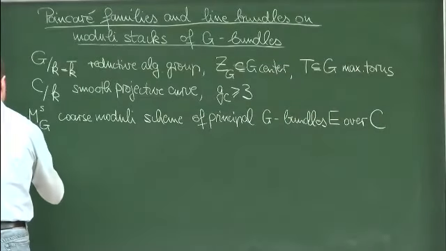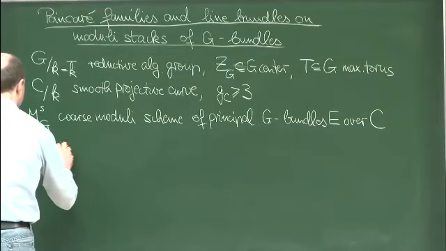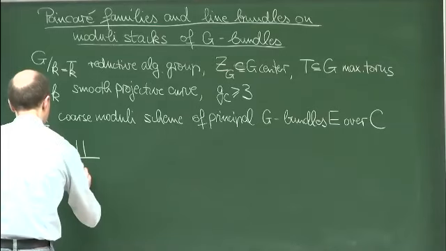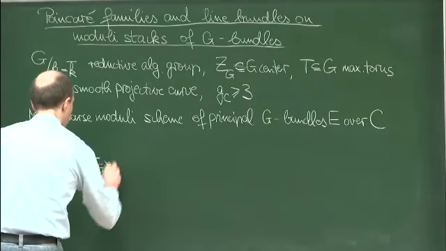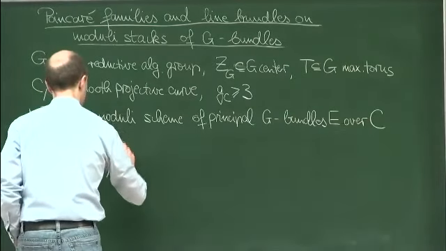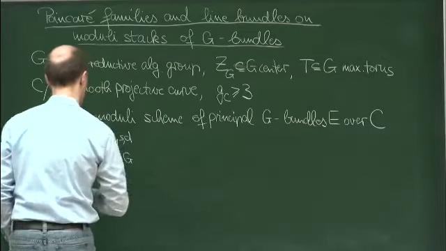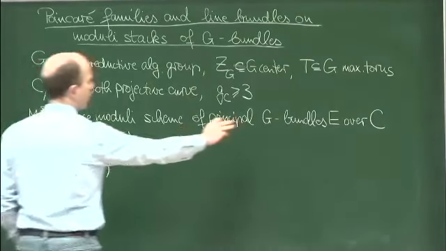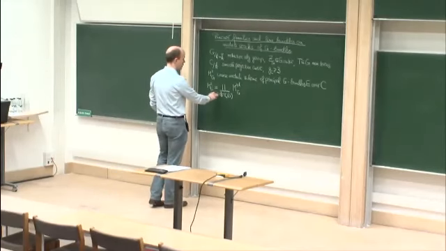This is not connected. It decomposes into connected components, indexed by the fundamental group. I'll say a few words about that in a minute. By the fundamental group of G. So, in other words, such G bundles have a discrete invariant, a type which is an element in the fundamental group.